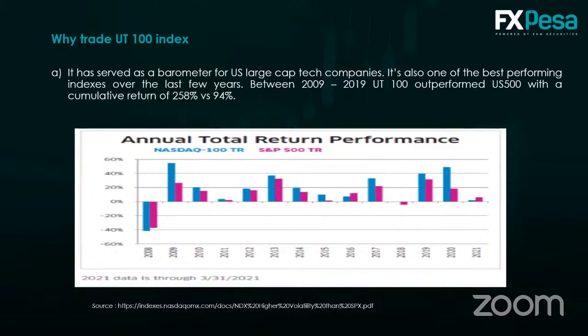So this chart basically shows that performance for the period between early 2009 towards 2021. So that was the relative performance between those two indices.